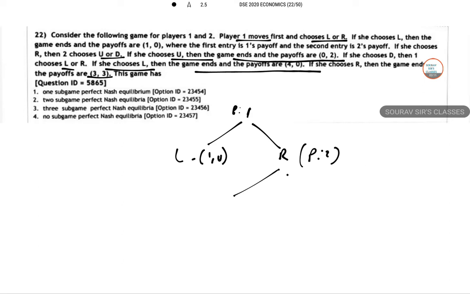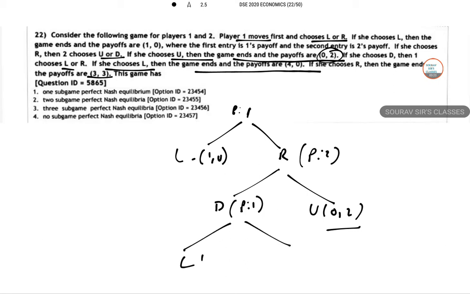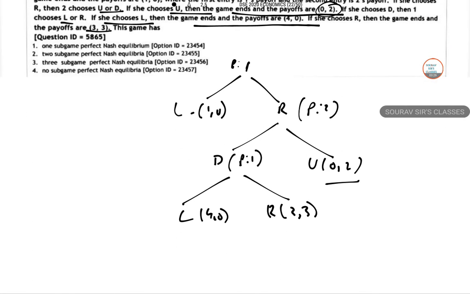In this again 2 branches, D with player 1 and U with 0, 2. Then again this has 2 branches, L with 4, 0 or R with 3, 3. So here we can see that the subgame gives a Nash equilibrium.